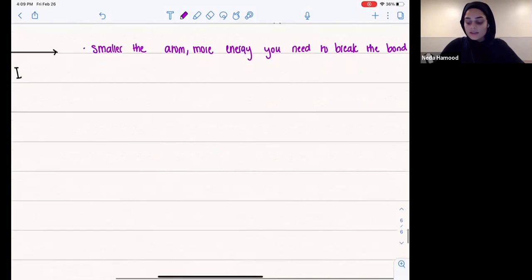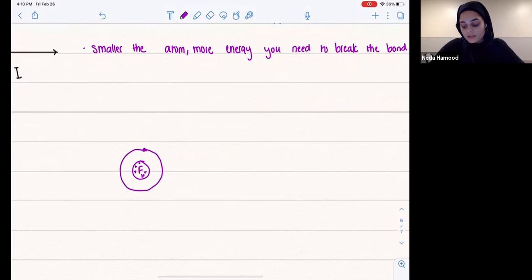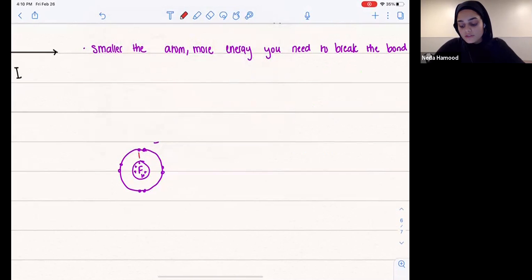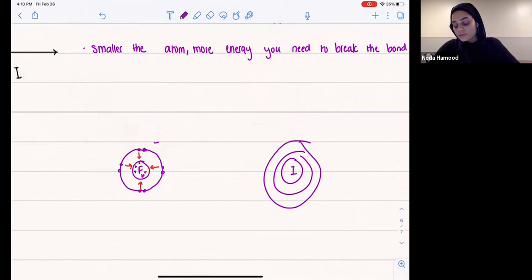Which makes sense because let's say that we have something like this. Let's say this is fluorine, and we have our protons in here, and they're super positive. And then we have our electrons right here for fluorine. Let's say that we have a negative charge on it. Then it's much easier for these electrons to go towards these protons here than it is for something like iodine, where we have a couple of shells between there. So these protons are able to be subdued.